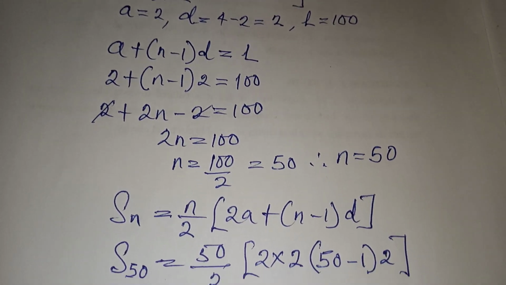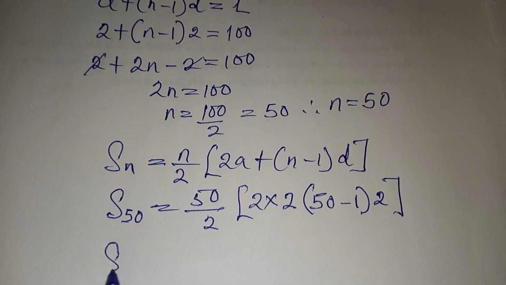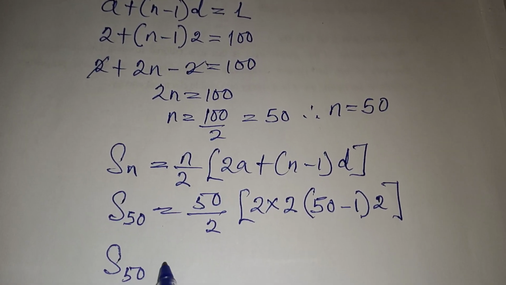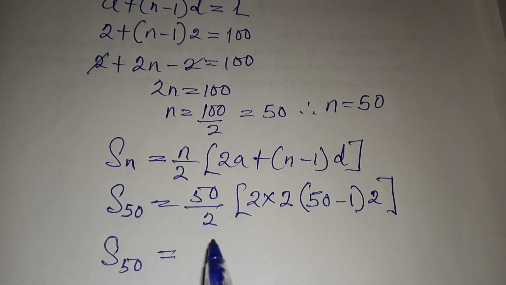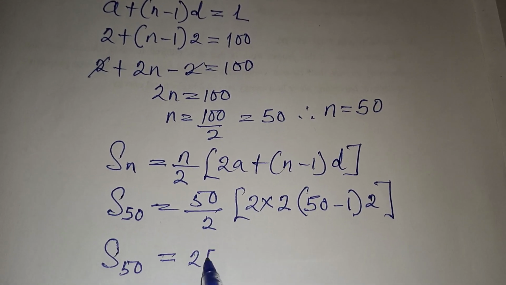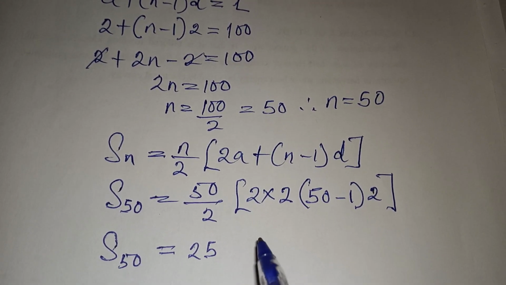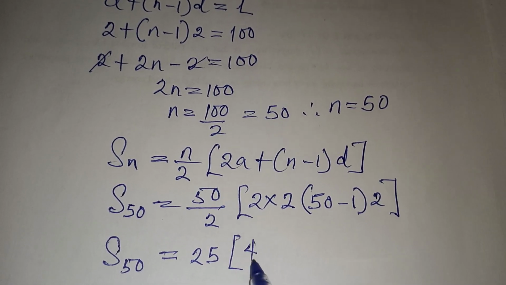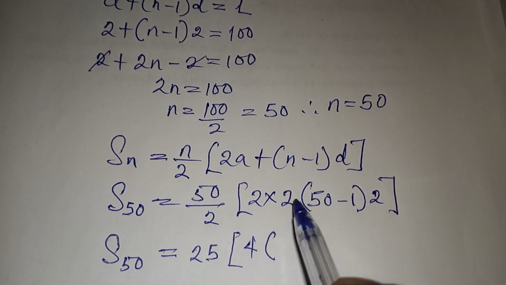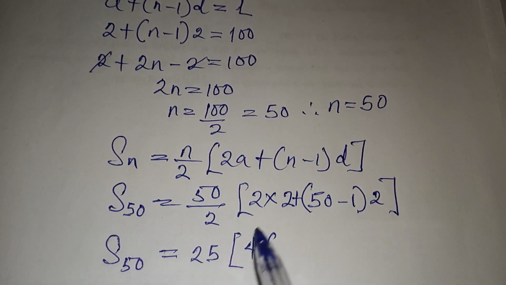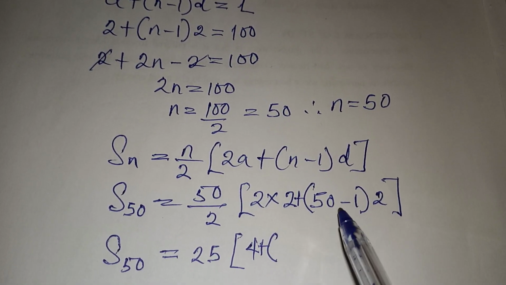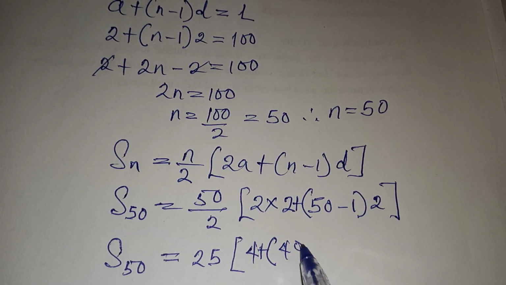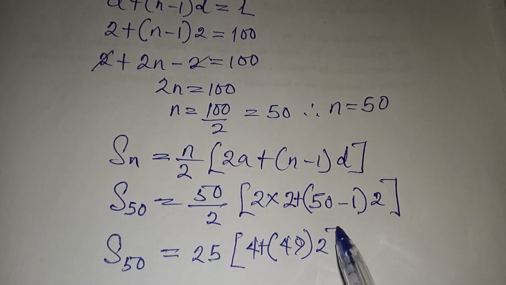So what do we need to do? S subscript 50, the 50th sum, will give 25 when you divide 50 by 2. Then 2 times 2 will be 4, plus 50 minus 1, that is 49, multiplied by 2.